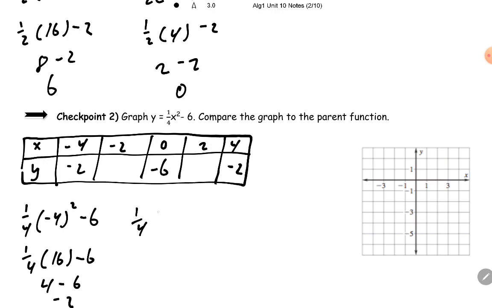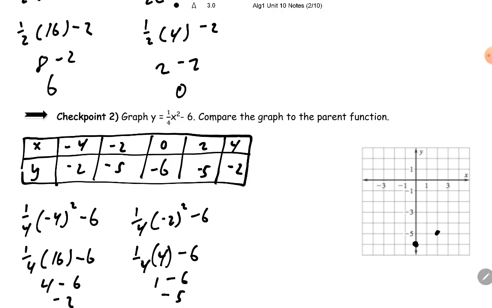If I plug in -2, I'll get 1/4 of 4, which is 1, minus 6 is -5. So (0, -6), (2, -5), and then (4, -2).